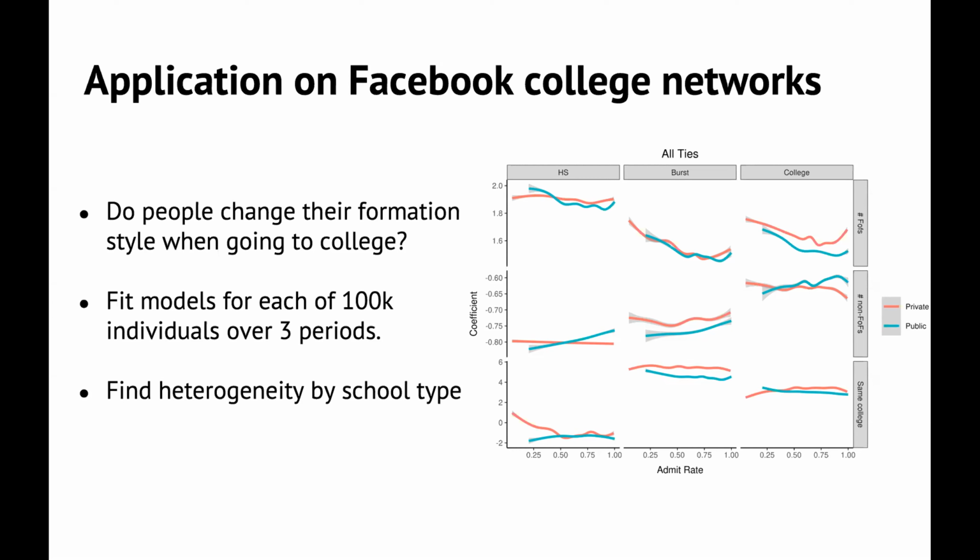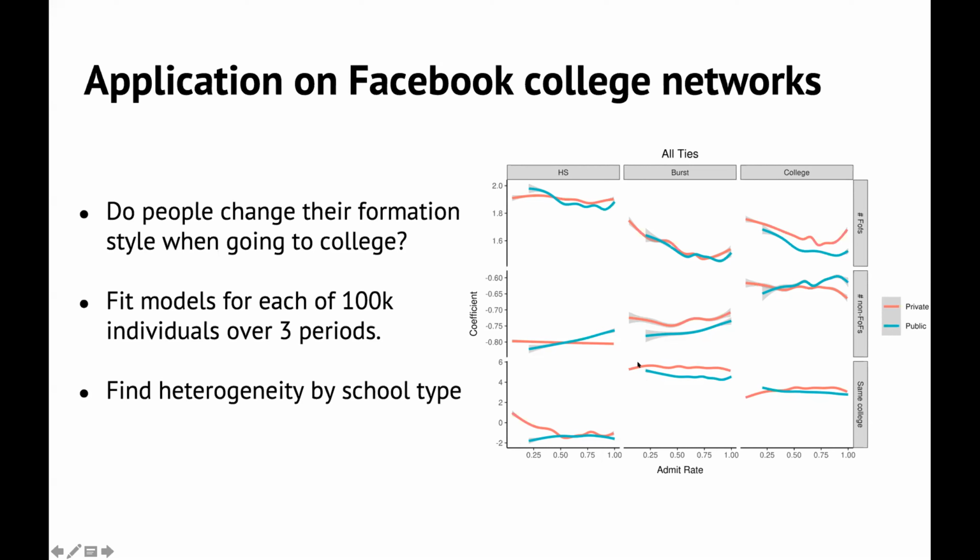There's a lot going on here. You can see that obviously formation styles change over time. There is some heterogeneity between different schools, especially elite schools tend to have different processes than non-elite schools. One thing you can see in the bottom left is that only elite private schools start connecting to people of the same college much earlier, during high school, than the rest.